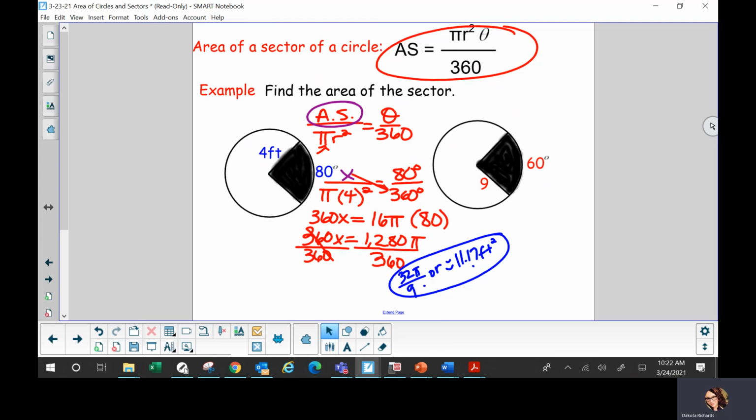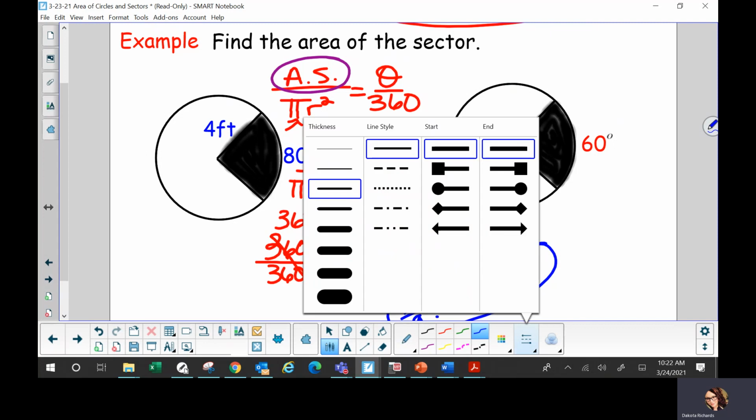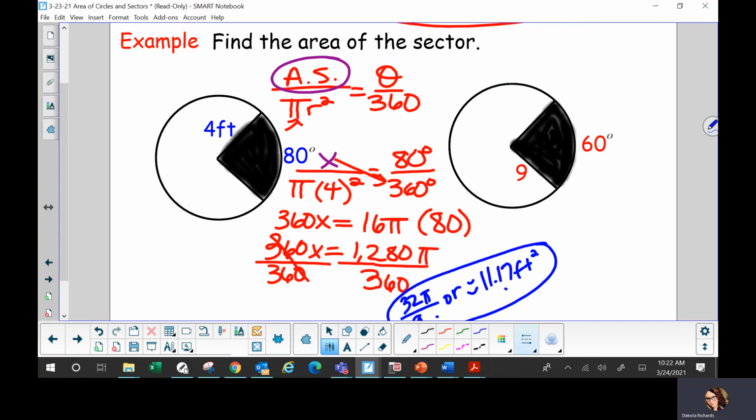I'm gonna have to work over here on the side, so it might be a little small. Okay, your formula, area of a sector is what we're trying to find.